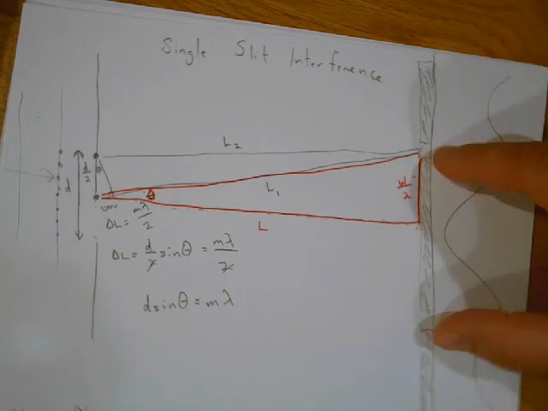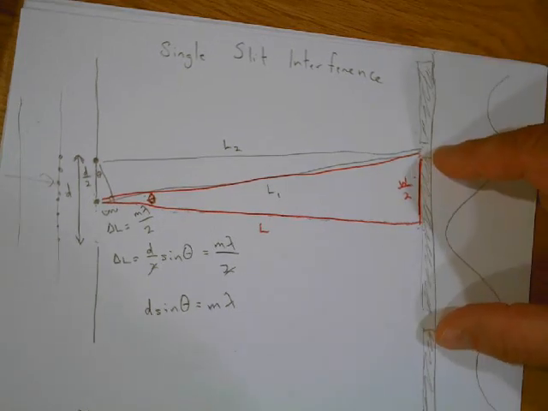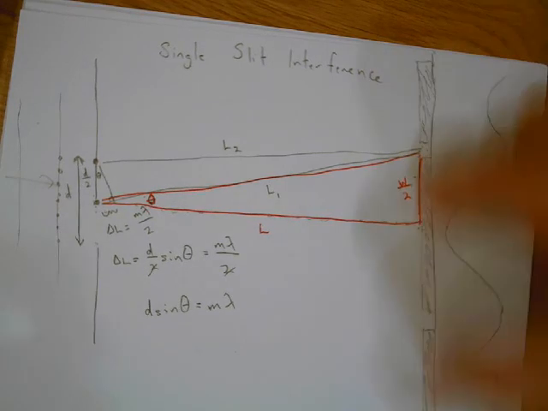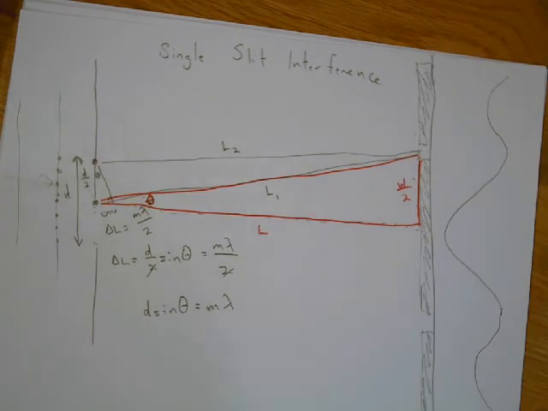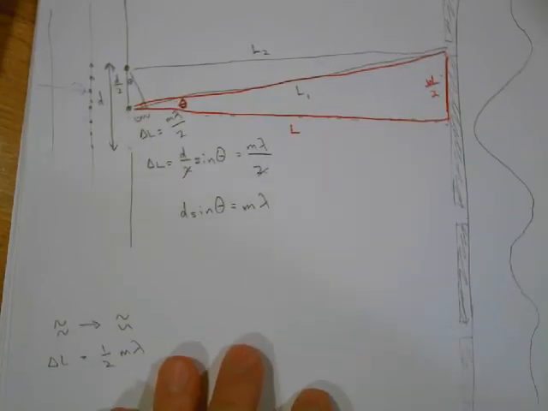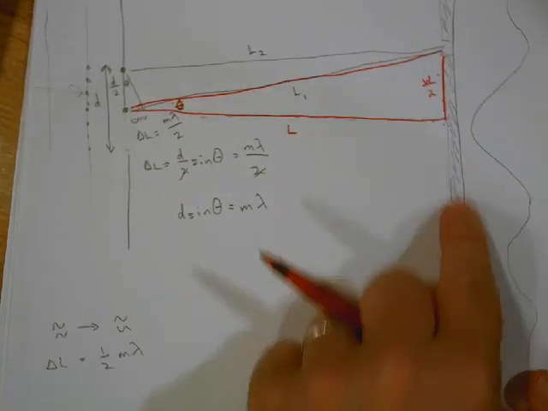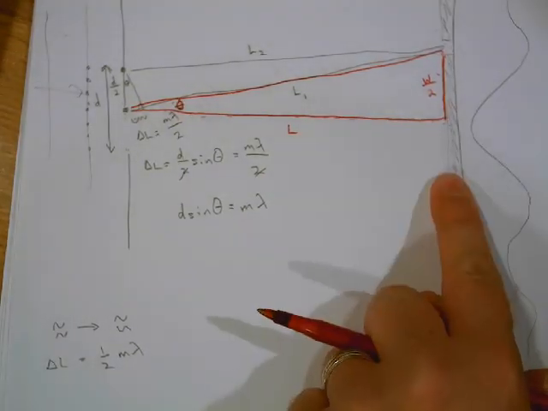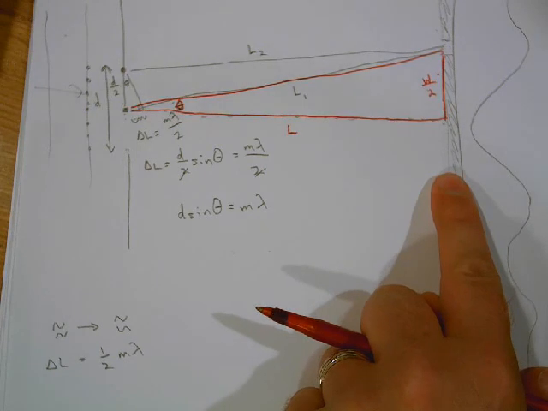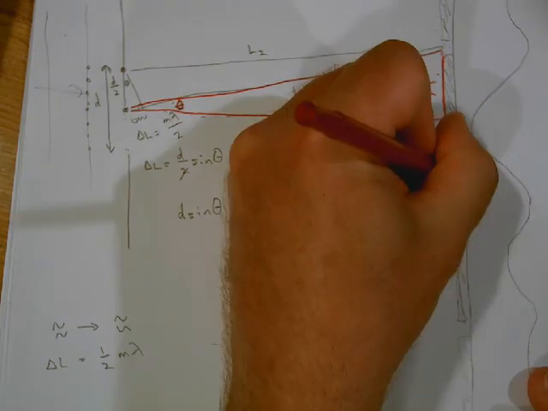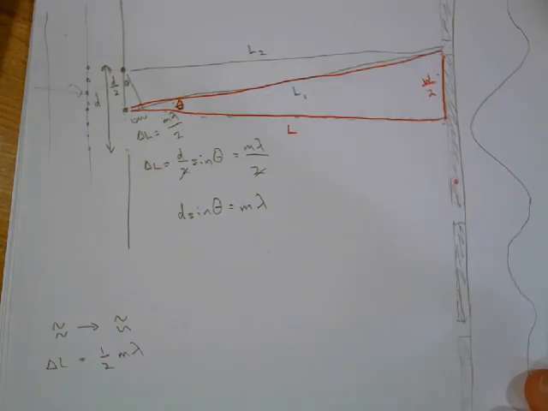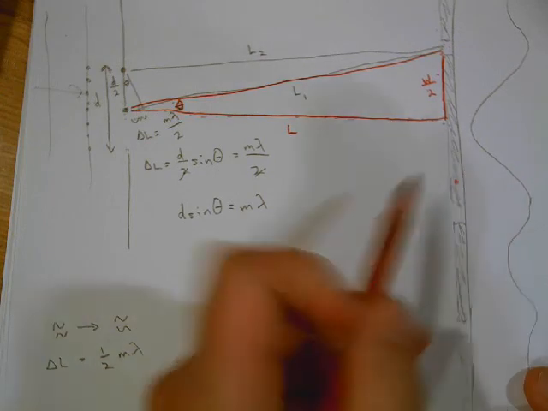And then at the same token, does everybody see why this one is half the width of this one? Because again, the same idea goes for there. And then the last thing I just want to note, because you might think, well, geez, the reason this is called the central maximum, not the zeroth maximum, is that there's probably a point down here where the path difference for the two waves is not 0.